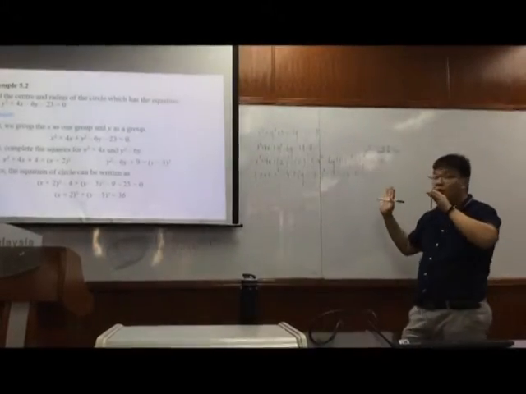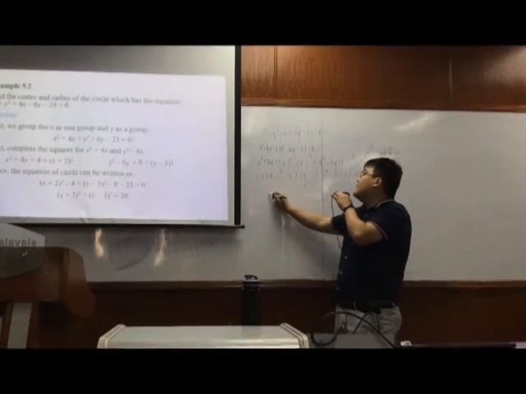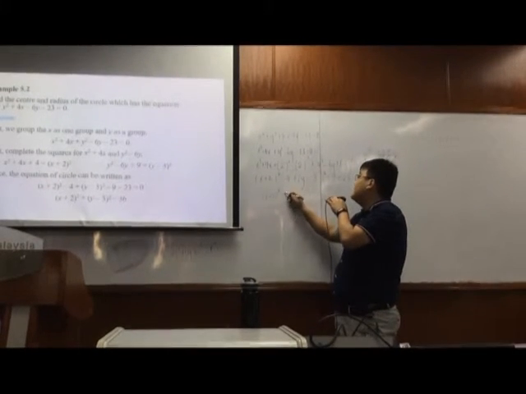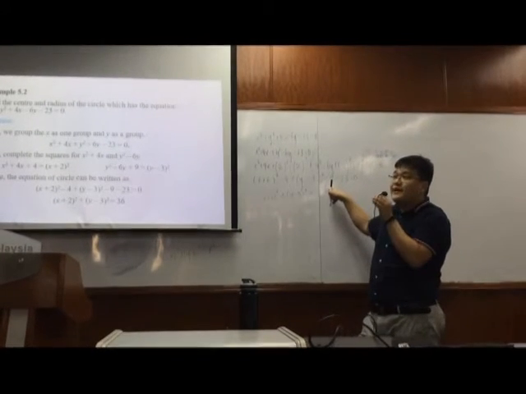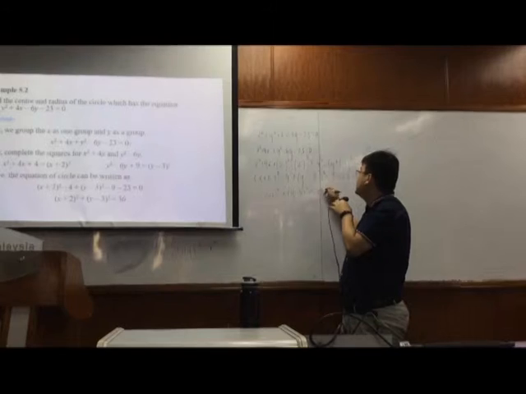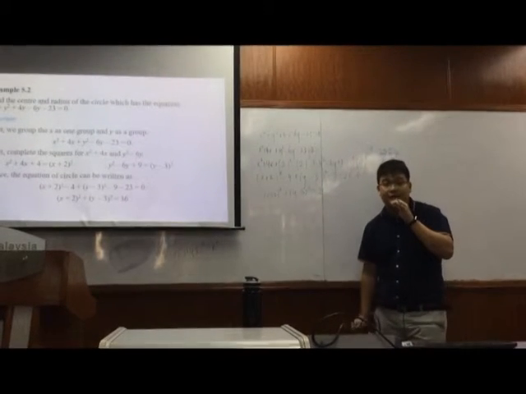Now, next thing, we move all the constants to the other side. Copying down the square terms, x plus 2 squared plus y minus 3 squared equals 23 plus 9 is 32, plus 4, 36. So we have this equation.